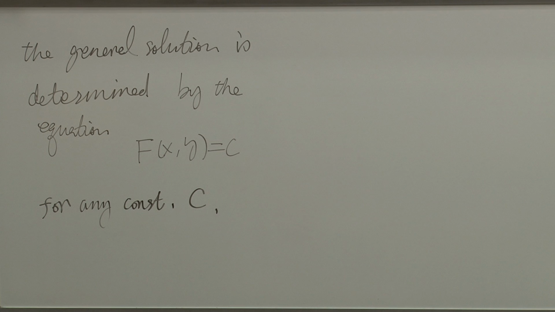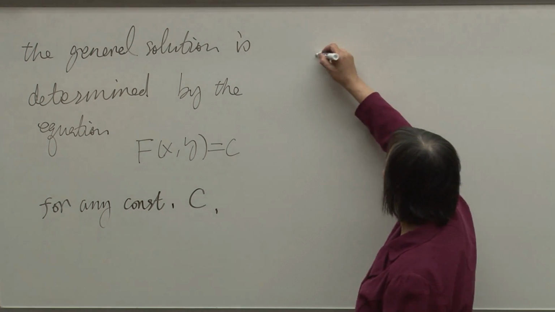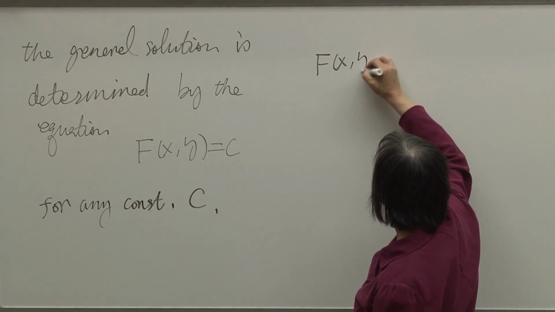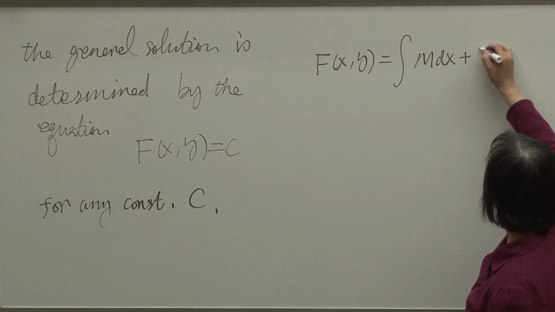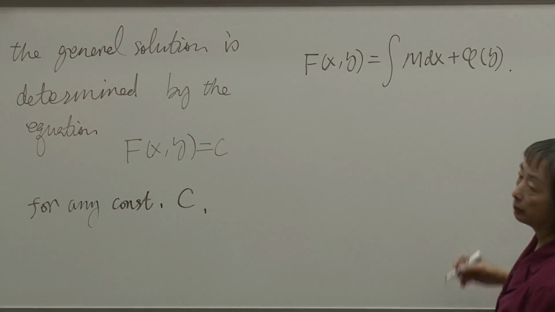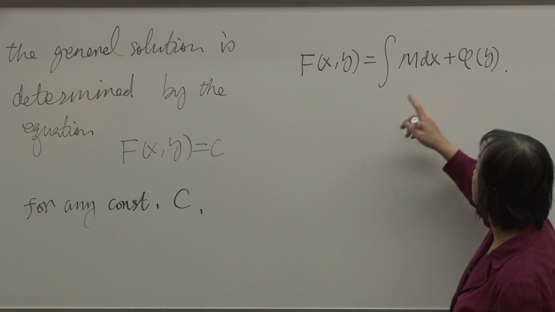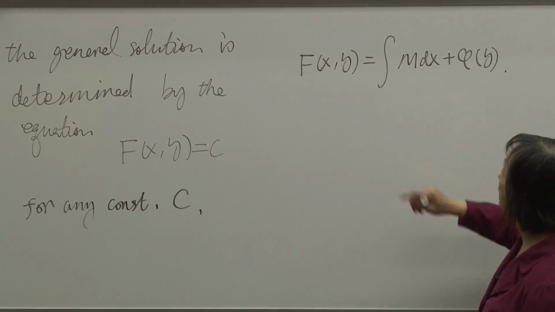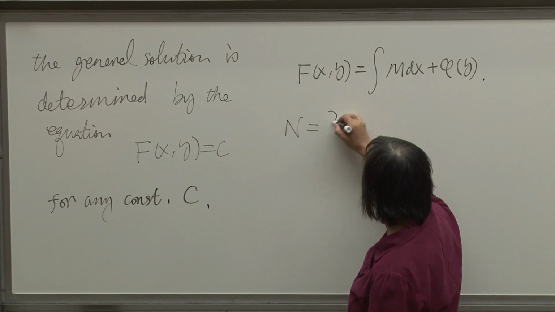Now we need to remember how to find the function capital F. F is the integral of m with respect to x plus some function of y denoted by phi of y, because the derivative of f with respect to x is m. On the other hand, n is the partial derivative of f with respect to y.